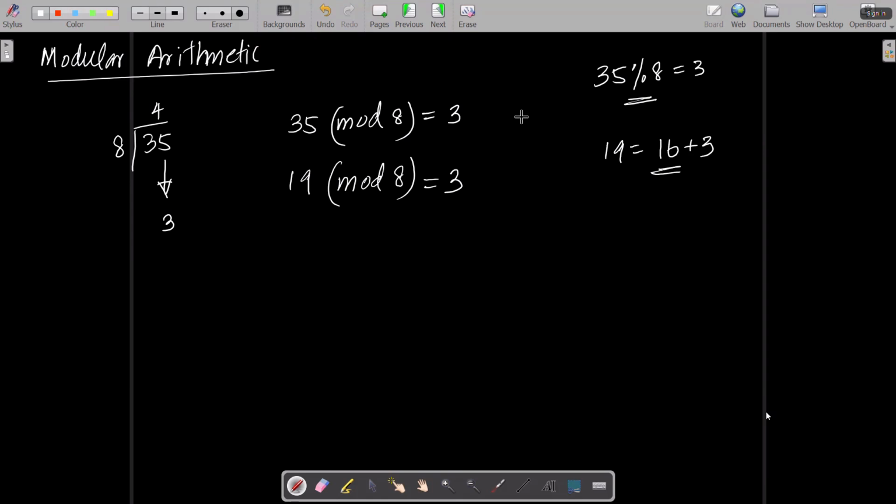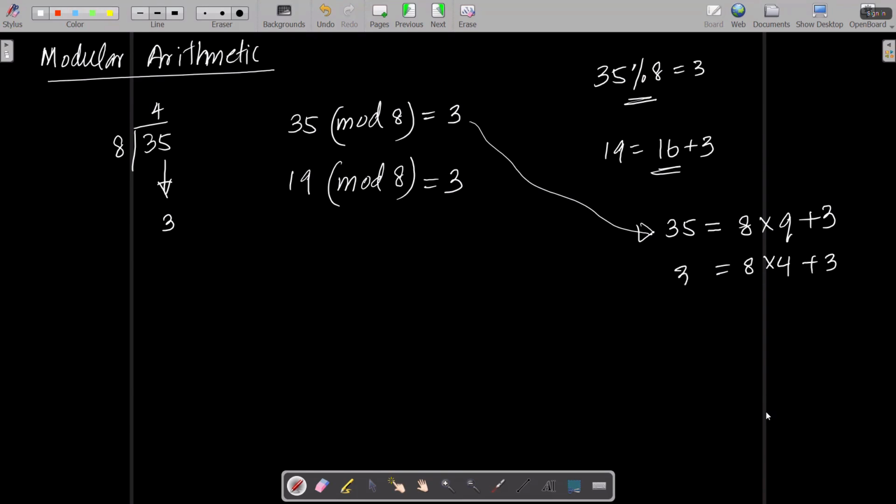Now, I need to emphasize 2 factors here. One is, with this information, we can write 35 as 8 times an integer, let's say q, plus 3. If the remainder of 35 when it is divided by 8 is 3, we can actually write it like this, 8 times q, where q is 4.